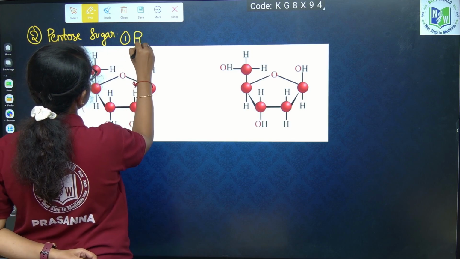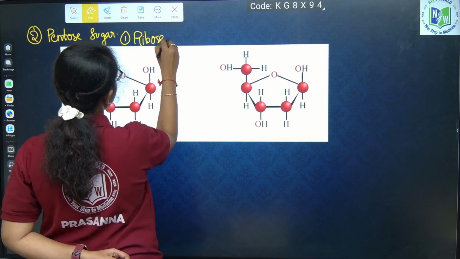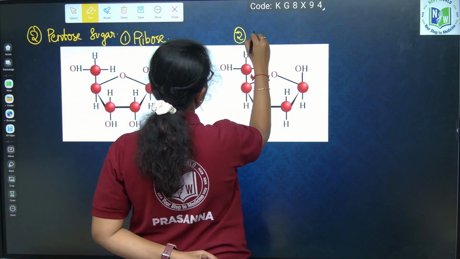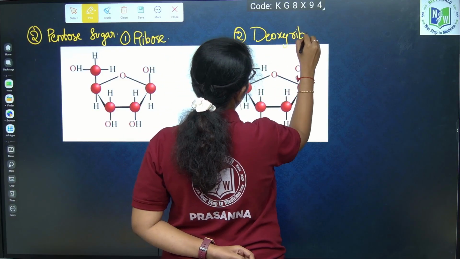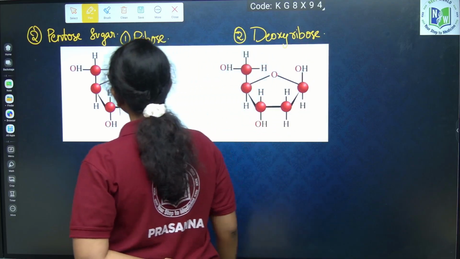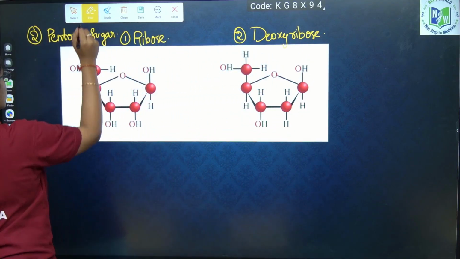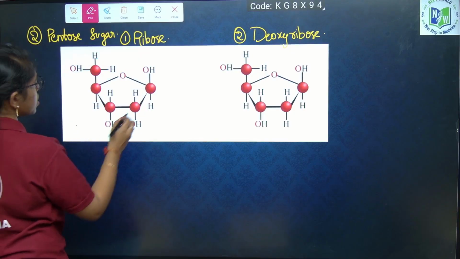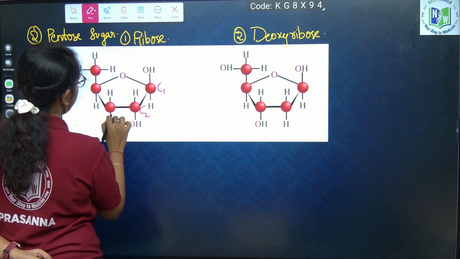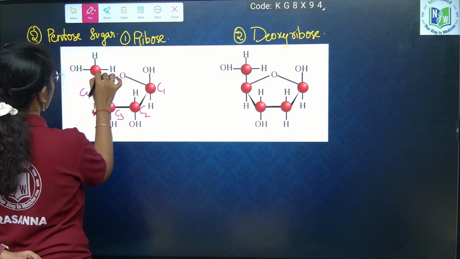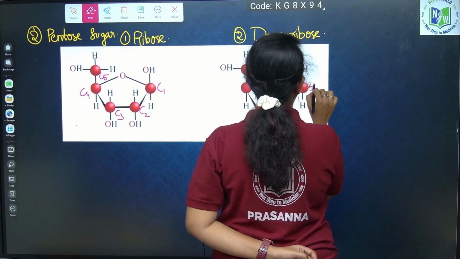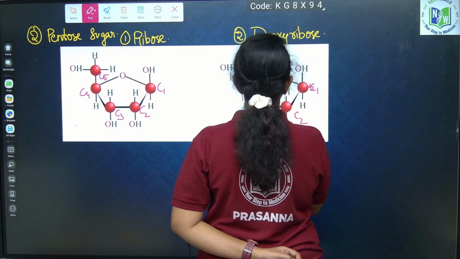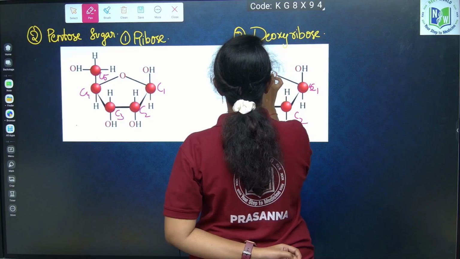One is ribose and the other is deoxyribose. If you look into ribose sugar, how many carbons? 5 carbons, C1, C2, C3, C4 and C5. Here also 5 carbons, C1, C2, C3, 4 and 5.